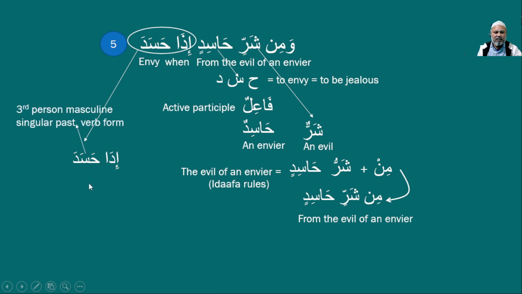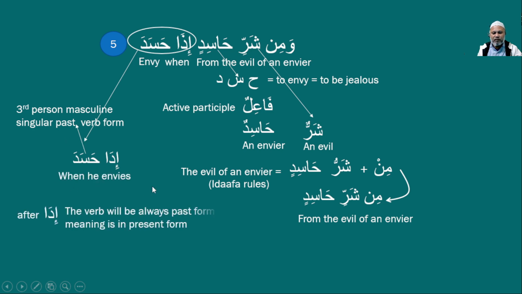Iza hasada, this is the past form of the third person singular number, but iza makes the meaning present tense, like when he envies. So after iza, the verb will always be in the past, but the meaning will be in the present. Iza hasada means when he envies, right?